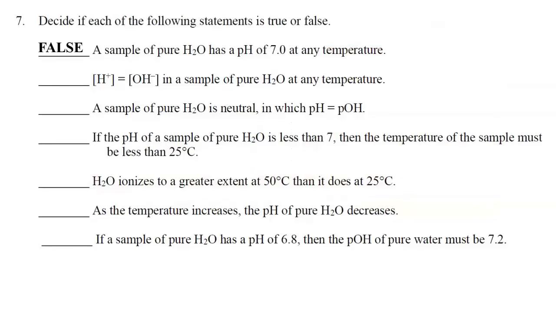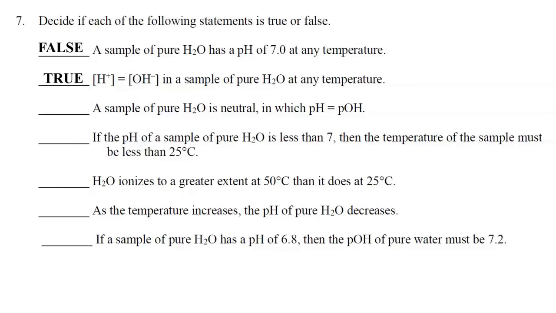The next statement says that the concentration of H plus is equal to the concentration of OH minus in a sample of pure water at any temperature. That is definitely true. That is a good definition of why water is classified as neutral, because the concentration of H plus is equal to the concentration of OH minus.